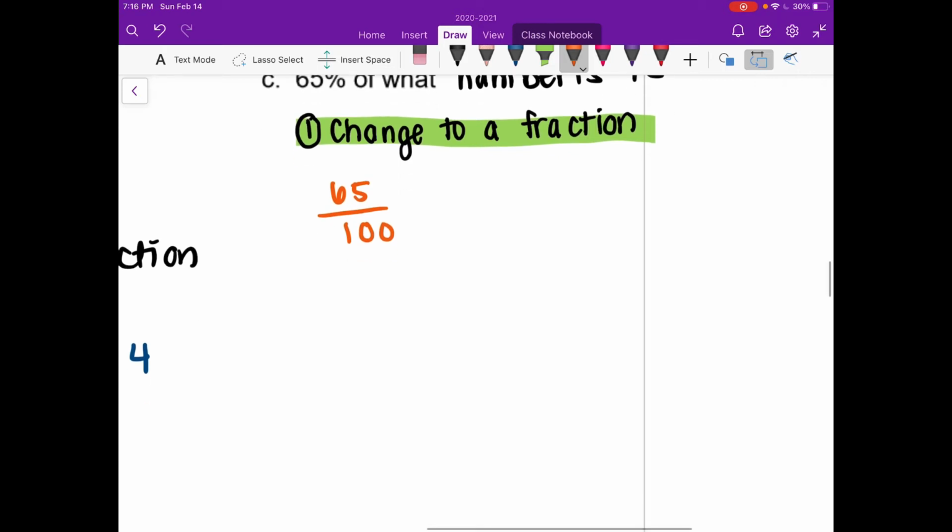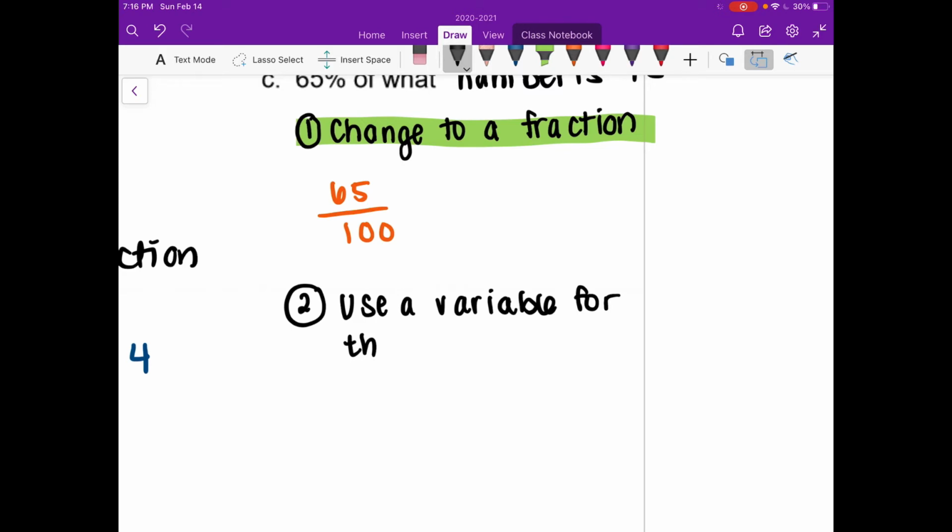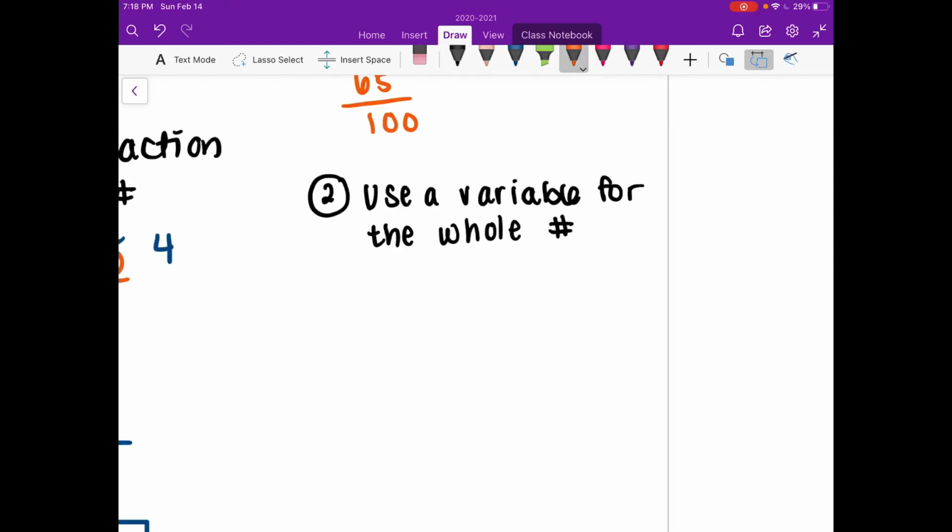So then what we're going to do is use a variable for the whole number. Right? So then step 2 is going to be use the variable for the whole number.